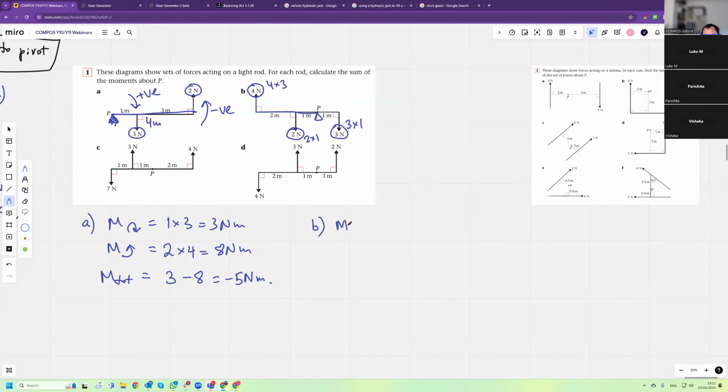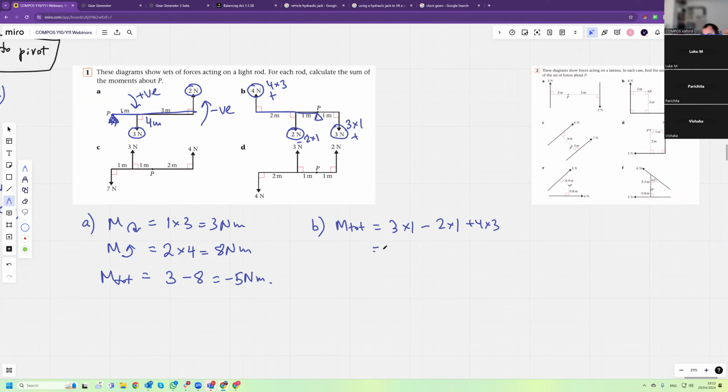So the total moment in this case, clockwise, is 3 times 1 minus 2 times 1 plus 4 times 3. Because this one is positive, positive, negative, because this one is pushing clockwise, clockwise, anti-clockwise.